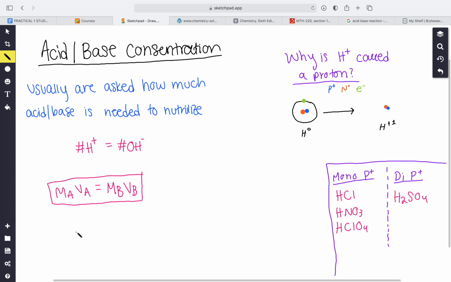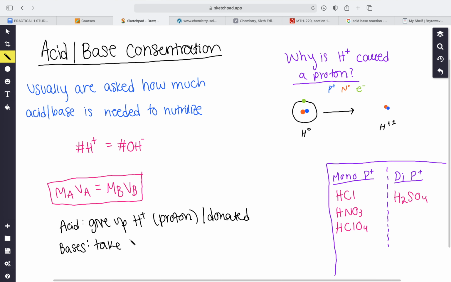As a general overview, acids are something that will give up H+, which is also known as a proton. And then bases, you'll see that also referred to as proton donors and acceptors.